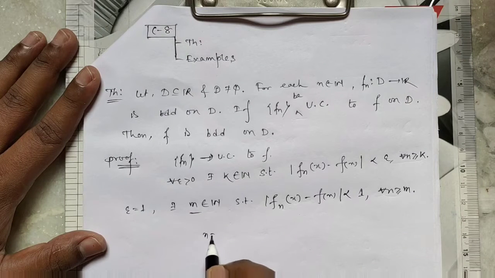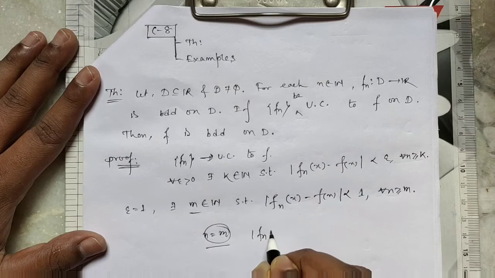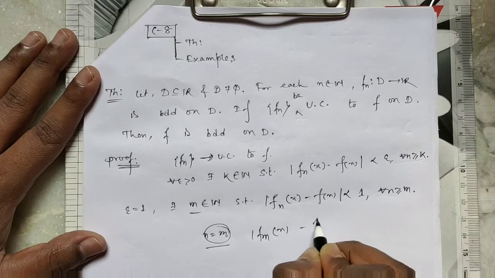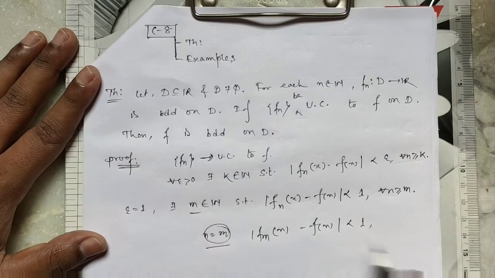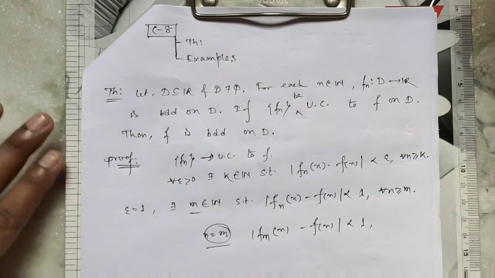So for n equal to m, mod of fm(x) minus f(x) is less than 1.